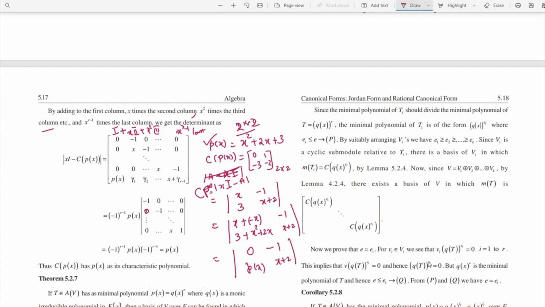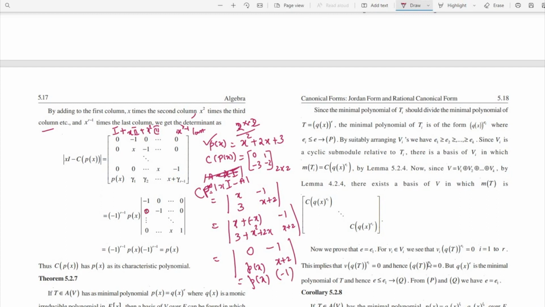So the same thing, with x power r minus 1, you have the xI minus C p of x being given this way. When you take this out, we are going to expand this: p of x into, you delete this column and this row, so minus 1 that you will have.